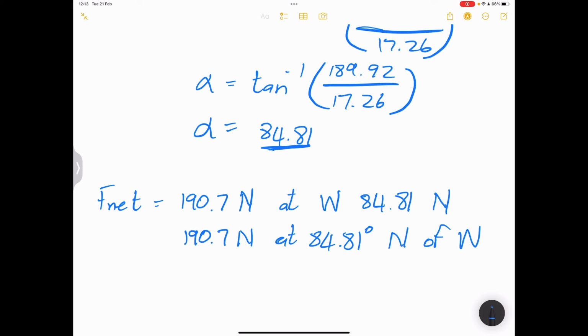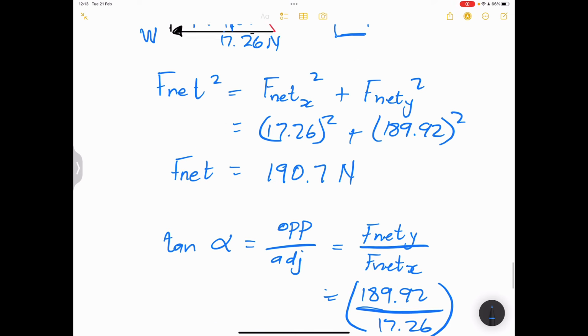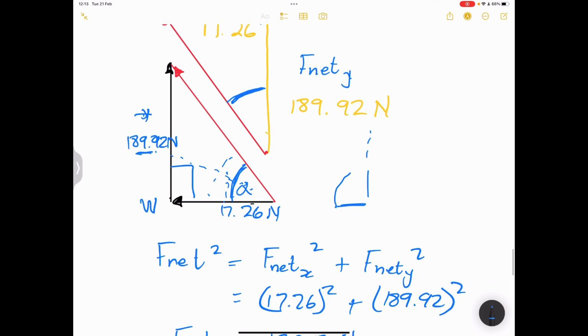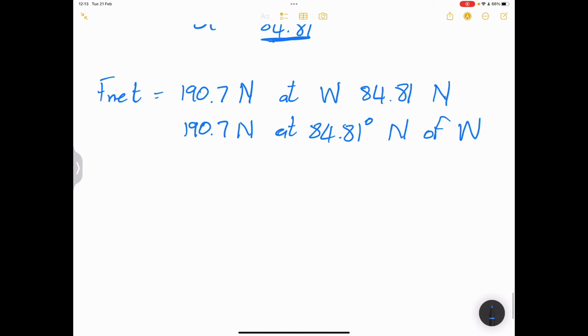If you do want to use the bearing, ladies and gents, you can appreciate that bearing is measured from the north line, clockwise. So that would be 90 till there, 180 till there, 270 till there, and an additional 84.81, I believe.